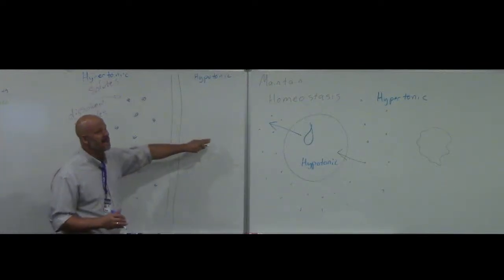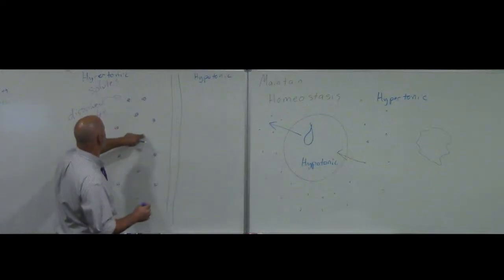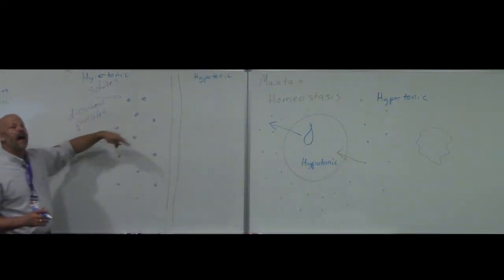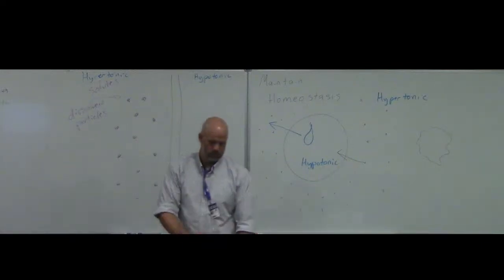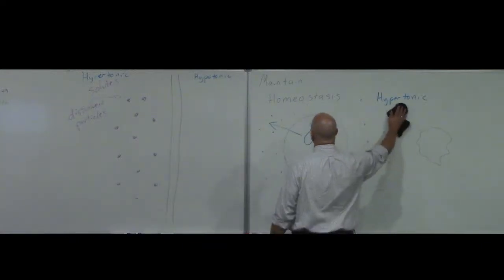If water can, it will move out across to the hypertonic until the two sides are in equal concentration. So I'll do a similar drawing over here to show you just what this would look like.